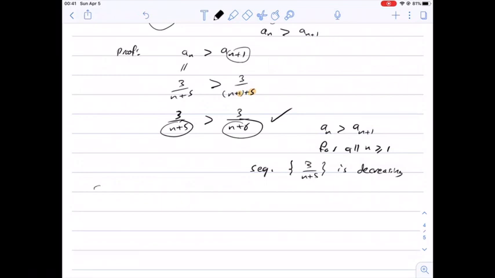Now let's take another example. If we have the sequence n over n squared plus 1, and we want to show that this sequence is decreasing.